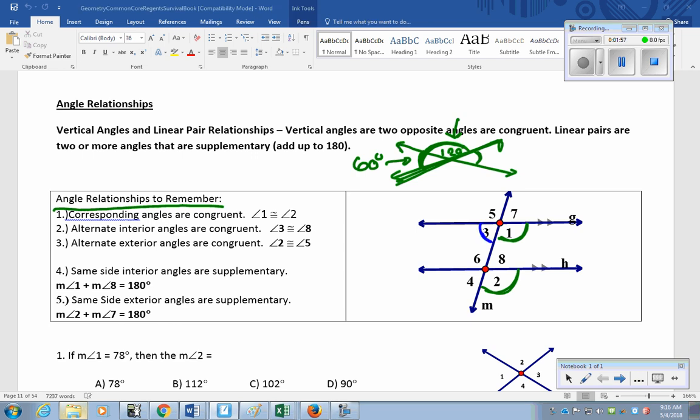They're on alternate sides of the transversal, and they're both in between the two parallel lines. Opposite of that, alternate exterior, like angle 2 and angle 5, similar to alternate interior, just on the outer parts. And then we also have same side interior and same side exterior. You can clearly mark those in the picture so you have an idea what you're looking at.